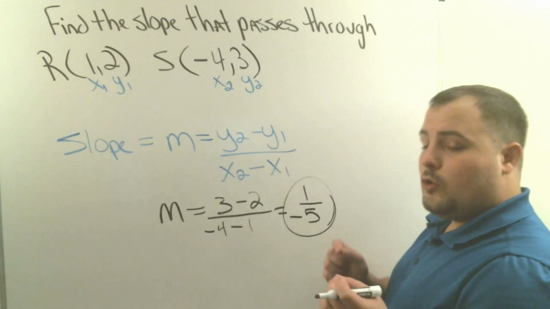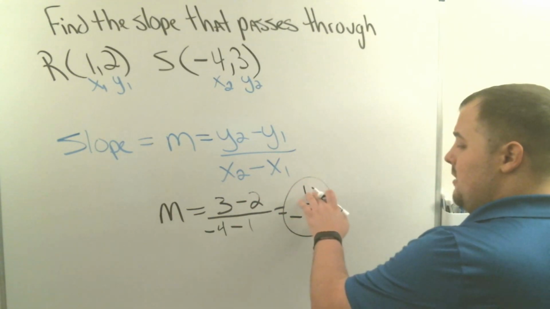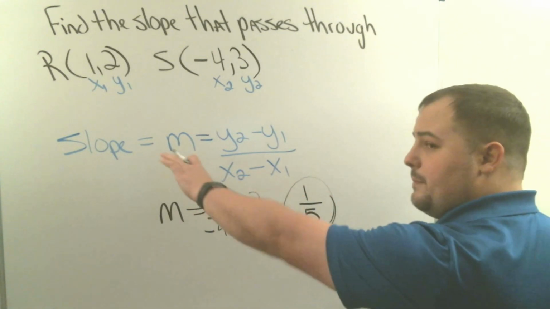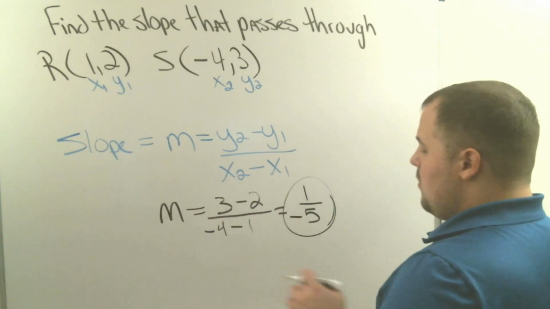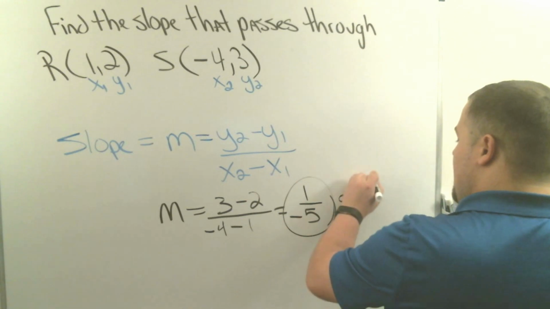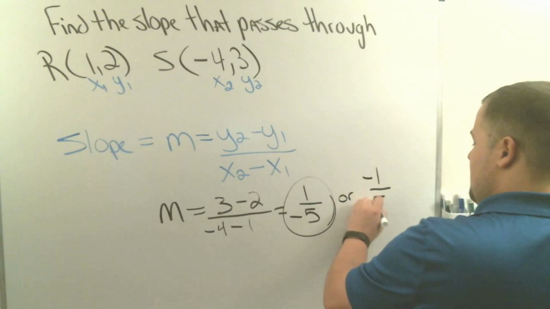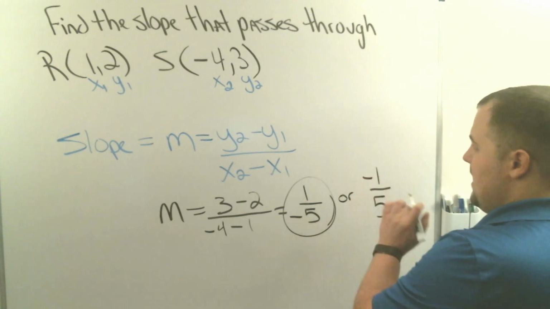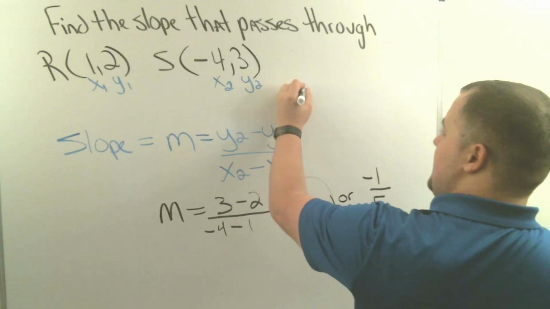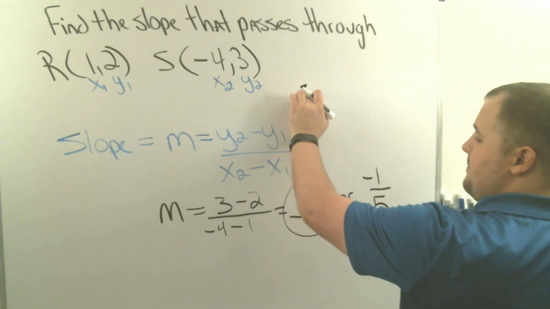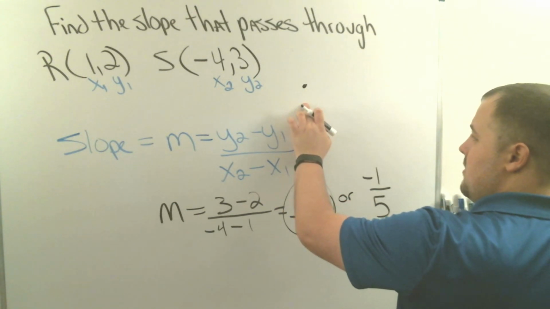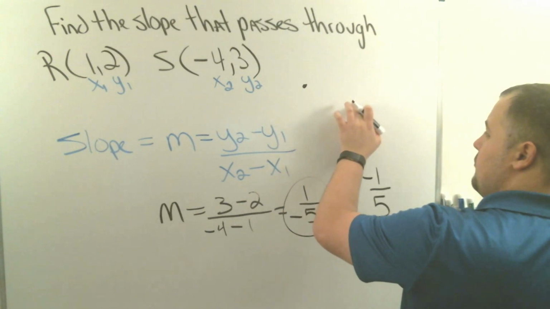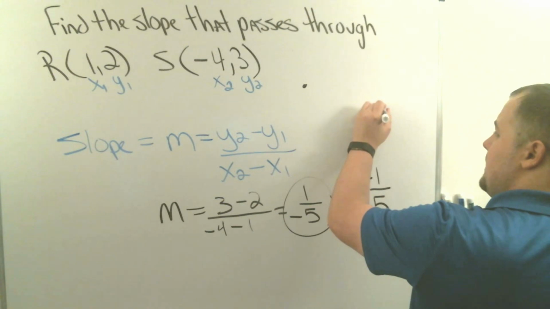That means to go from one point to the other point, I would go up 1, but I'd go back by 5. Or I could go down 1 and right by 5 to get to that point. And since this has a negative sign, it would look something like this. If I start with a point here, I could go down 1, 1, 2, 3, 4, 5 over.